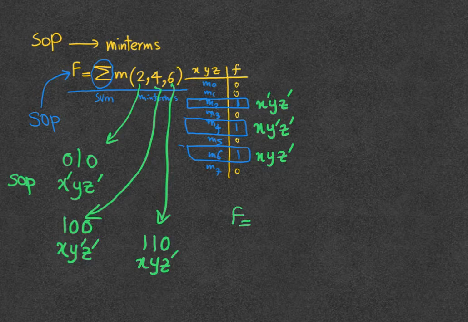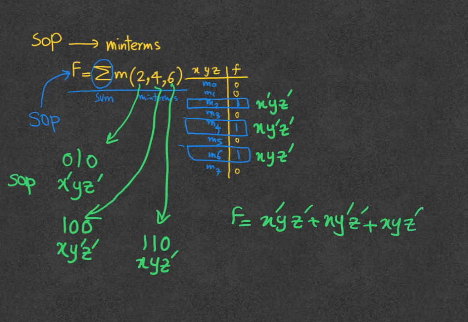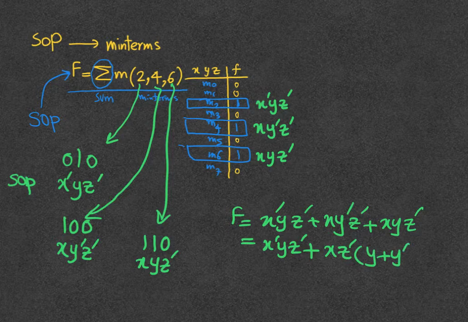So if you want to simplify, what you can do, the first one, we just write it down. The second one, I'm going to factorize x, z prime. I get y plus y prime, and as we explained, y plus y prime is just 1.